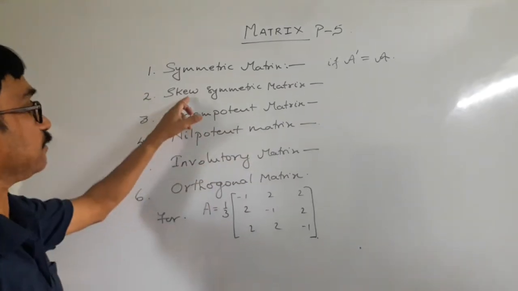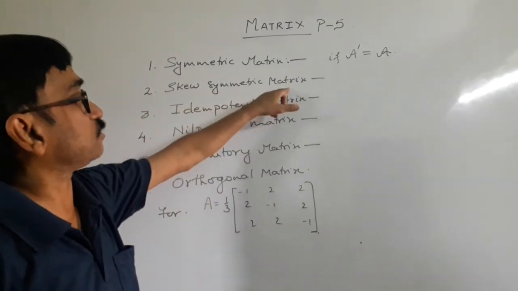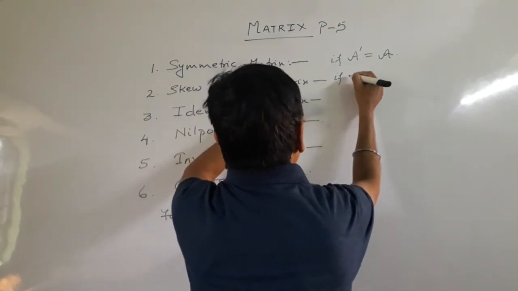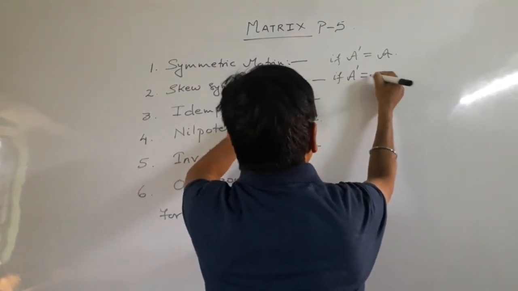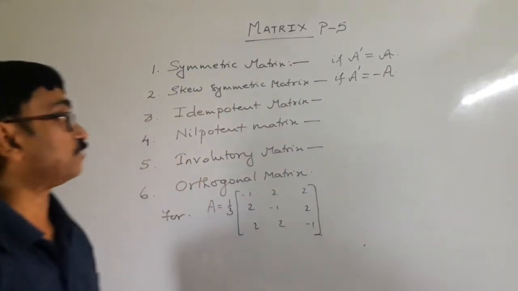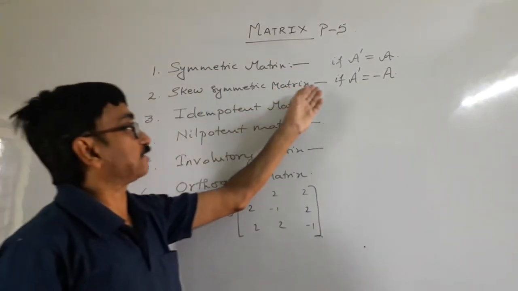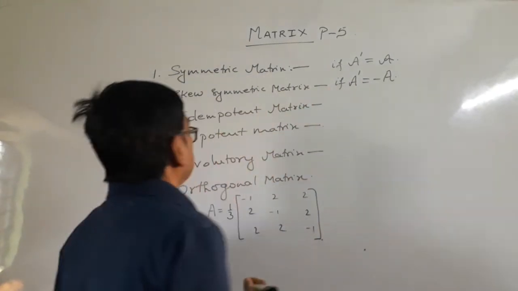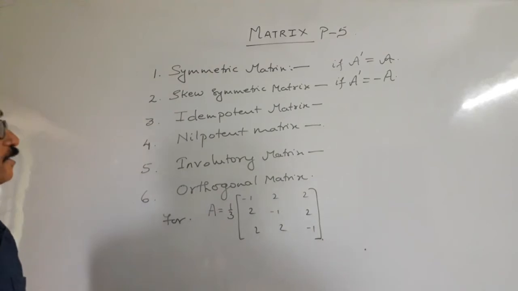Second, skew symmetric matrix. It is also a square matrix, and for a skew symmetric matrix the condition is that A dash must be equal to minus of A. Means when we take the transpose of a matrix, it should be minus of A, then that square matrix will become a skew symmetric matrix.